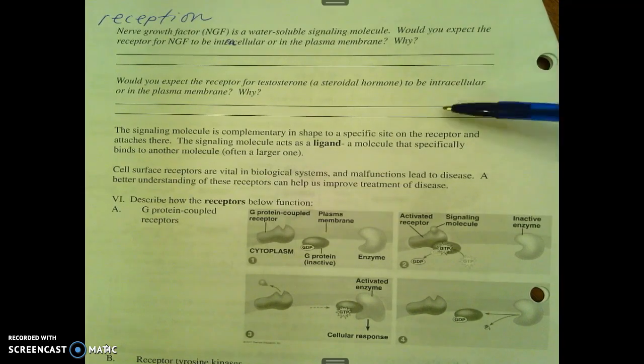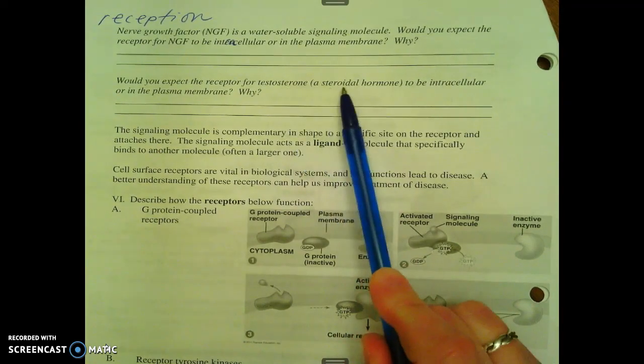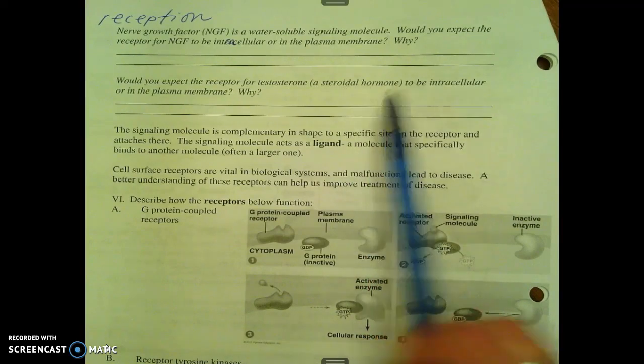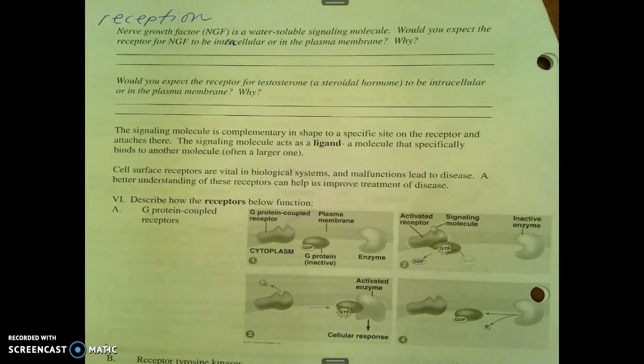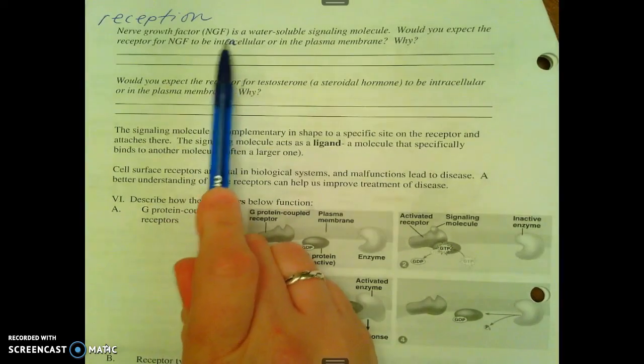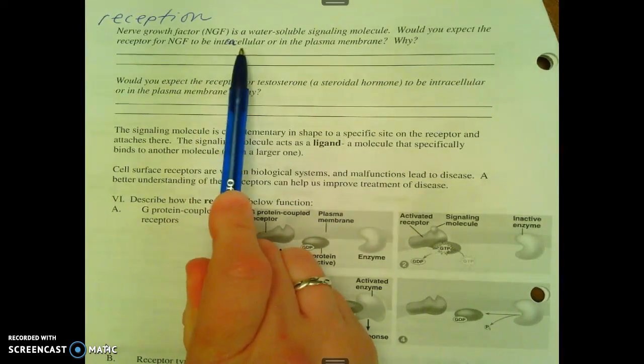There are 2 scenarios here. We've got nerve growth factor, which is water soluble, and testosterone, which is a steroidal hormone. So I want you to think about each of these different signaling molecules and decide where you think the receptor should be. Should it be intracellular, or located inside the cell?